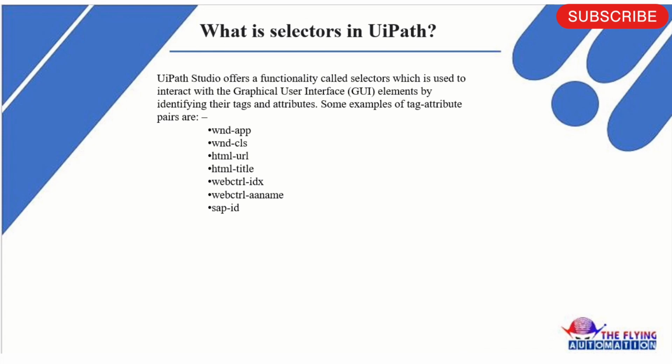UiPath Studio offers a functionality called Selectors, which is used to interact with the graphical user interface (GUI) elements by identifying their tags and attributes. For example, you can see the below tag and attribute pairs, like WND is a tag and app is an attribute. So these are examples of tags and attributes.